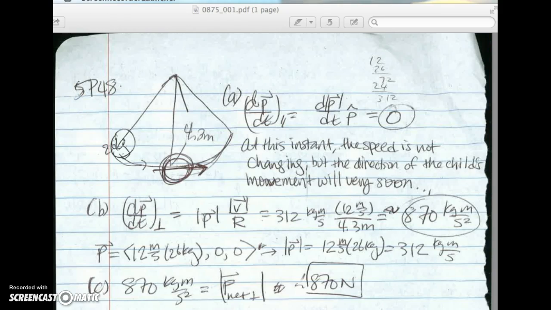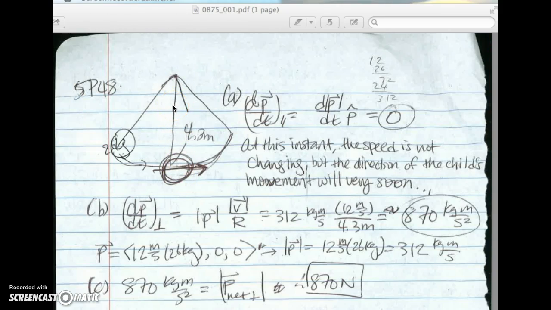which basically has a person who weighs 26 kilograms hanging from a vine, and at the very bottom at this particular instant has a velocity of 12 meters per second, and the length of the vine is 4.3 meters.